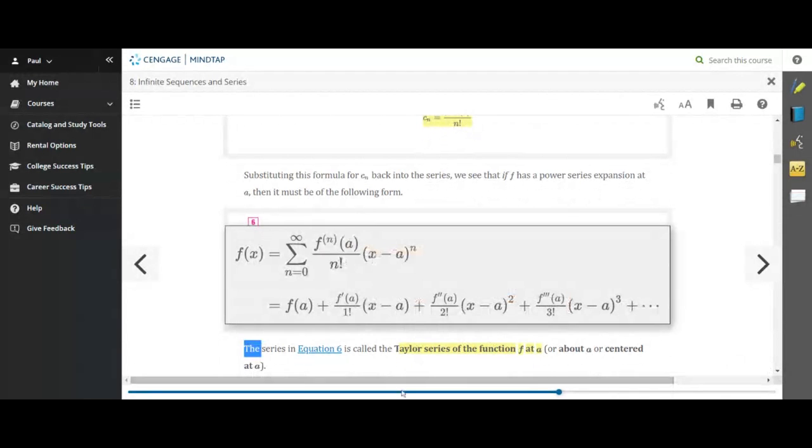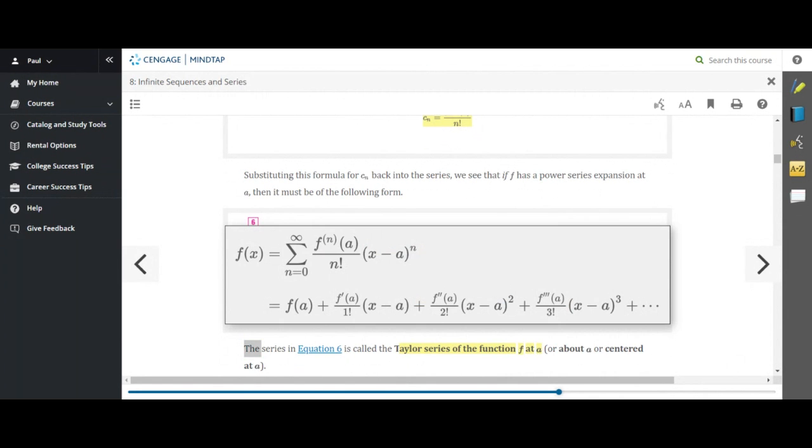So look, we can then express the function as the power series that you see there. And this is called a Taylor series. Okay, this equation 6, I'll go down a little bit.